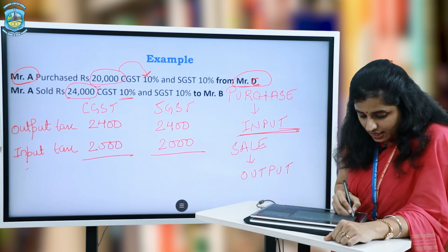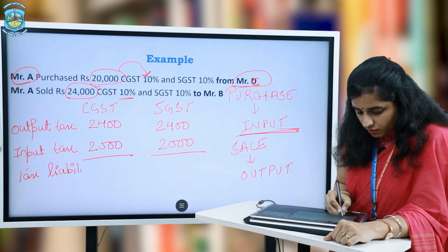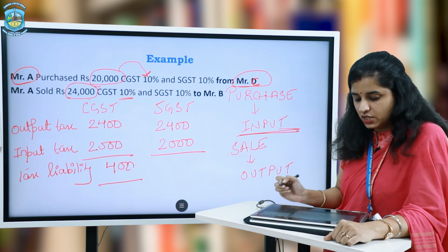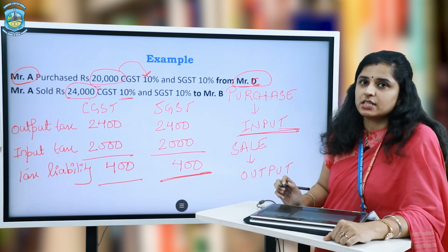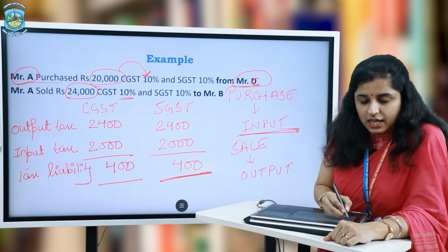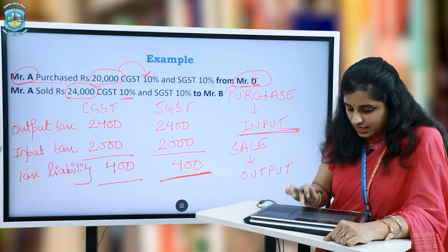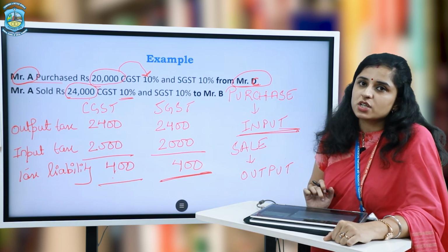So our tax liability in this example is going to be 400 rupees of CGST and 400 rupees of SGST. So this Mr. A is going to deposit CGST 400 rupees and SGST 400 rupees to the GST department.